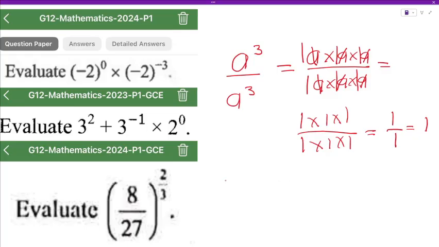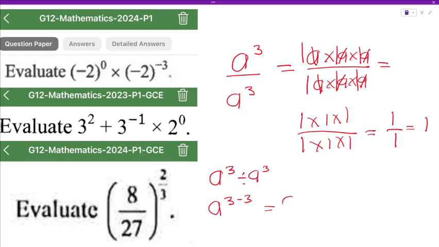Okay, the same question, if you now solve it using the laws of indices, if we divide there, what are we going to get? We are going to say a to the power 3 minus a 3. We said when the variables are the same, you subtract the powers, right? So that's 3 minus 3.